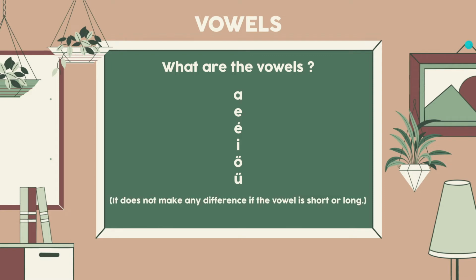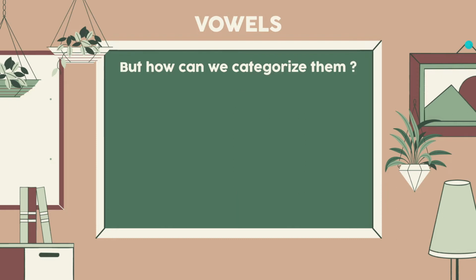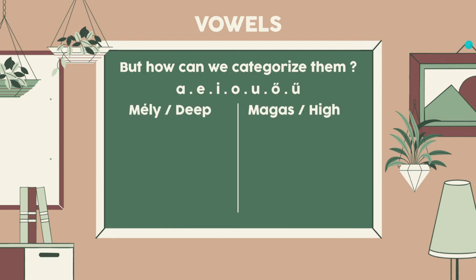If it's not short or long, it's quiet anyway. It doesn't make any difference, right? The next question is, how can we categorize them? Well, we can create two groups for now, because among those vowels, we're gonna have deep and high ones.